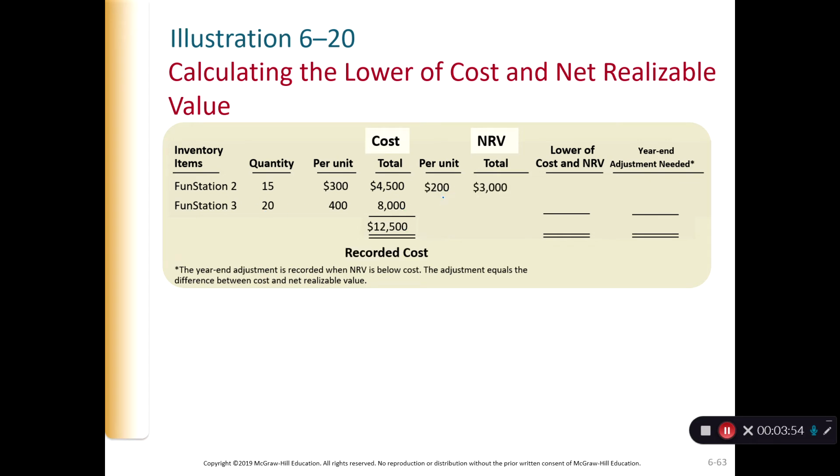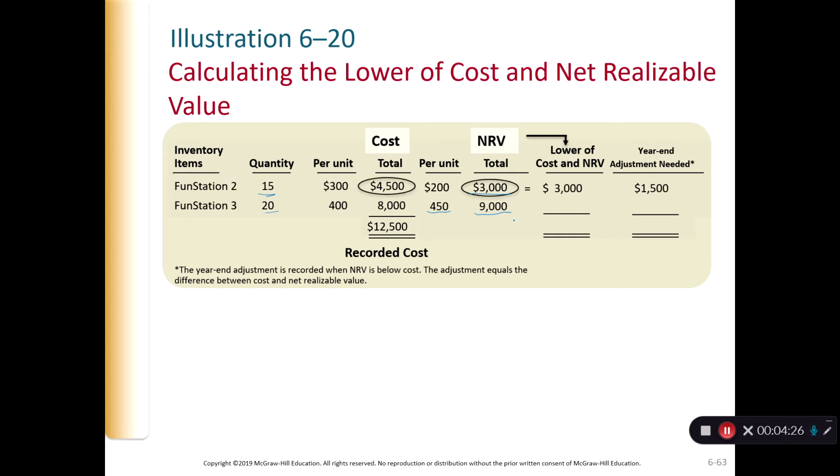However, you find that the Fun Station 2 is no longer played, no one even wants to buy it, and even if you want to sell it on the market, it can sell for only $200. Hence, these 15 units can only sell for $3,000. On the other hand, the Fun Station 3 can still sell for 450, which is higher than the cost of 400. And then you have 20 units, you can sell for $9,000.